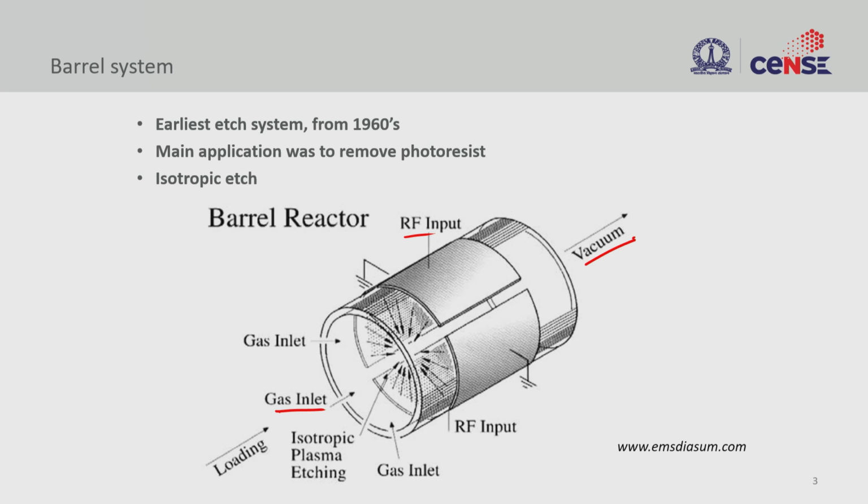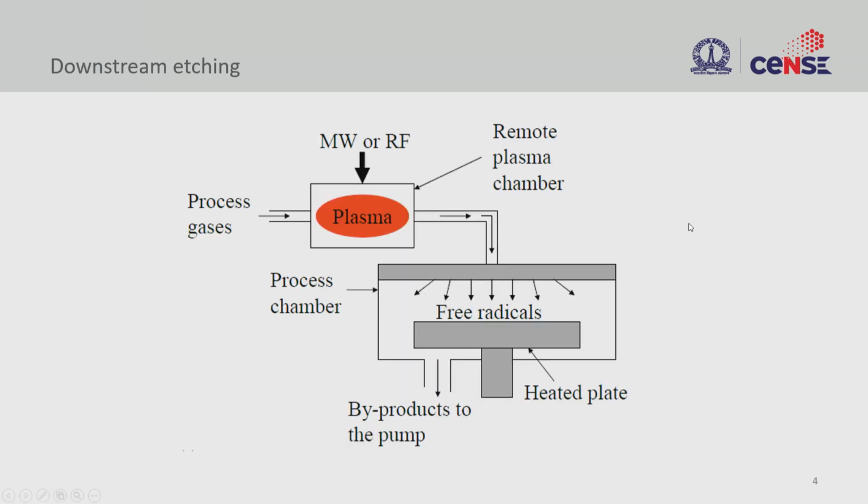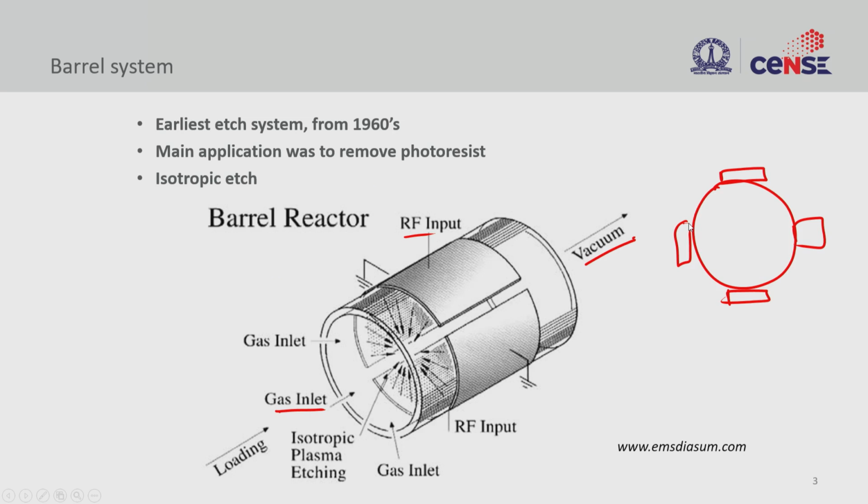So the interesting thing is, if you take the barrel, right, so the electrodes are placed in such a way that you create a uniform plasma. So here you have the ground, right, and then you have the RF feed on both the sides, right.